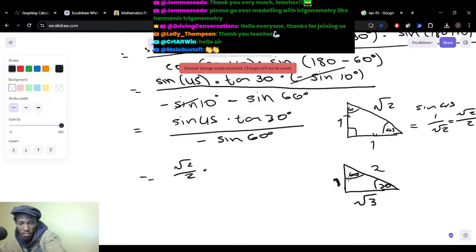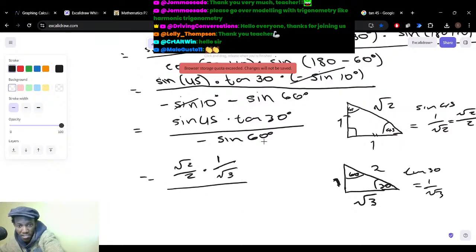So we have this. So tan 30 degrees, we know that tan is opposite over adjacent. So tan 30 degrees is equal to what? 1 over square root 3, over minus sine 60 degrees.